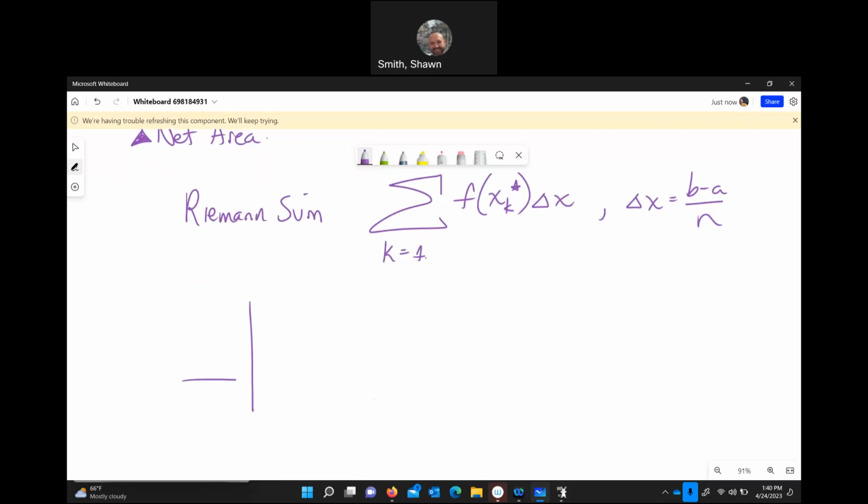So if I have a picture that falls below the x-axis from A to B, say something like this. Everything above has positive contributions, everything below has negative contributions.